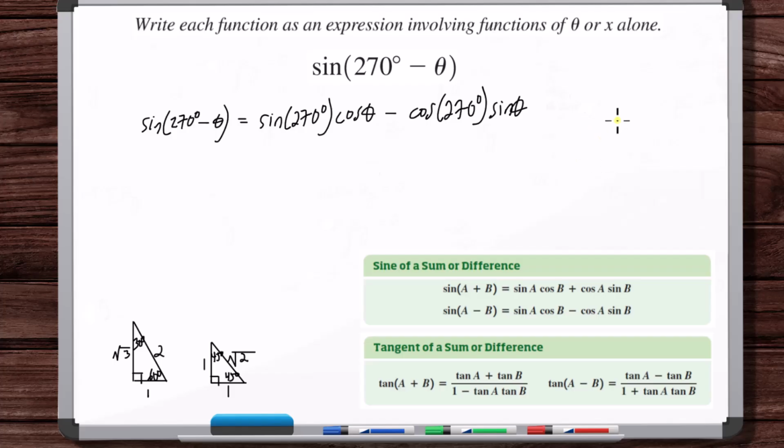Let's see, 180 plus 90 is 270. So that's this angle. All right, so sine of that angle, let's see, that would be the y, so that's -1, that's sine of 270, and then cosine of 270 is 0. So this is minus cosine theta.